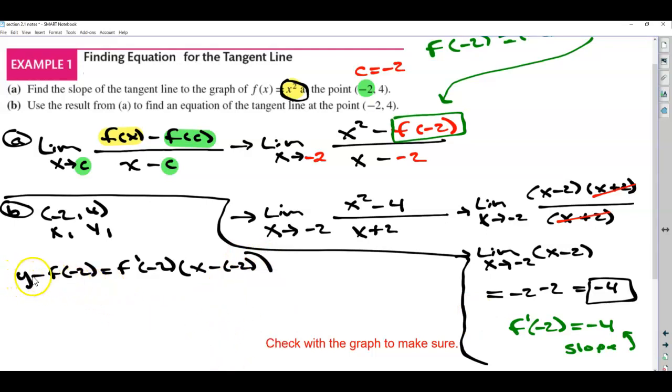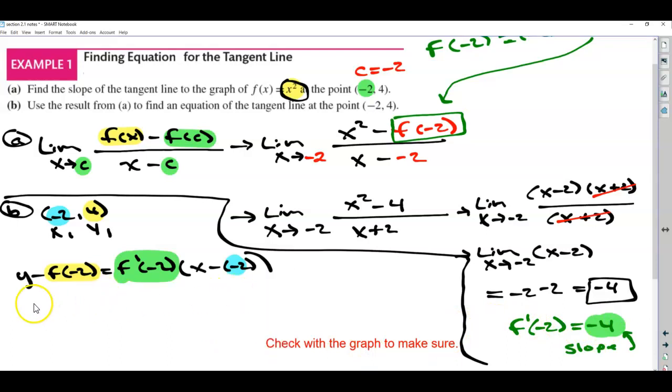I could have written y minus y1 equals m times x minus x1, but what do we know? We know that f of -2 is the output. We just actually found that right here in the first part. That's equal to 4. And then we've got the input, which is at -2. And then the last piece is the slope. What is f prime? Notice that little tick mark. That's really important. That's called prime, at -4.